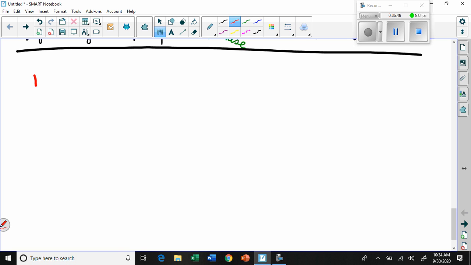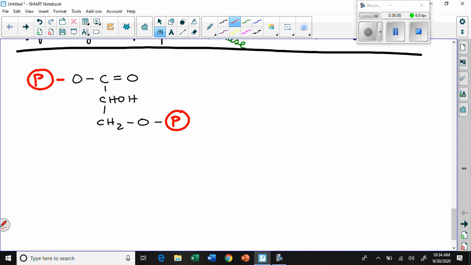So let me put the first phosphate in at the top, P, and then we'll go back to black, and we'll write in the O and the C, double bond O, and the CHOH, and the CH2, and the O, and then the last phosphate group that was attached right here, phosphate. And we'll call it its name, 1,3-bisphosphoglycerate.